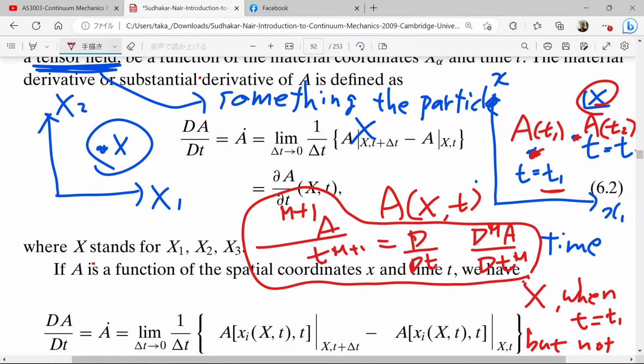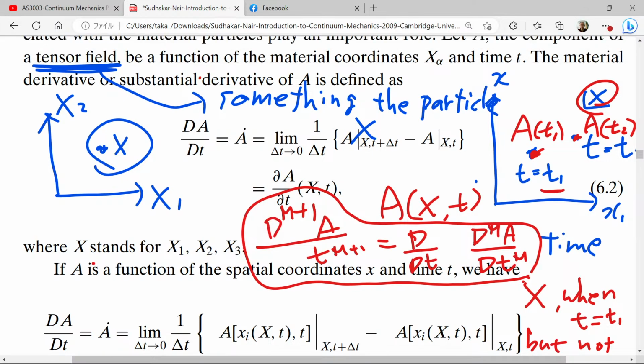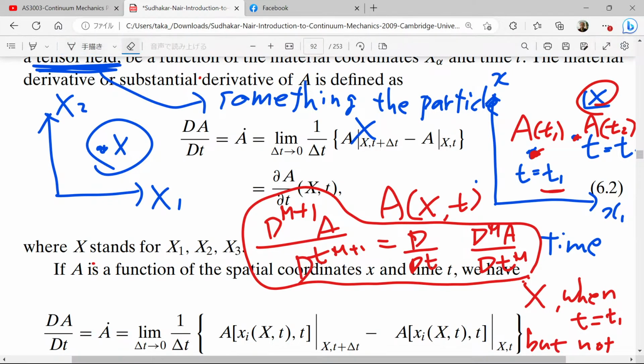Am I making everything clear? So you have the m plus 1th derivative, you just take the derivative of the m's derivative again. If a is given as a function of large x and t, this is no problem.